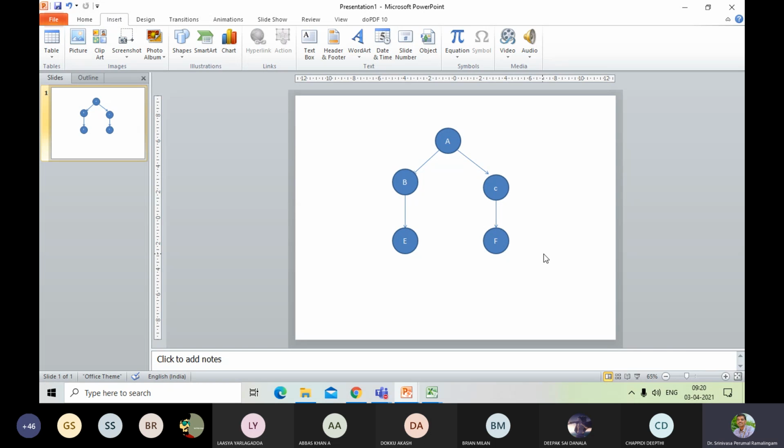E may have some information, F may have some information, and that has to be interconnected. F is interconnected with C, E is interconnected with B, and finally all the things are interconnected with A.